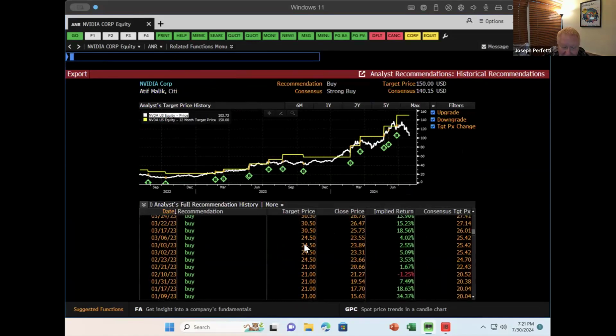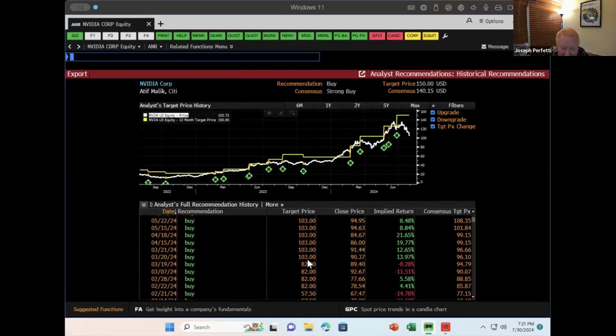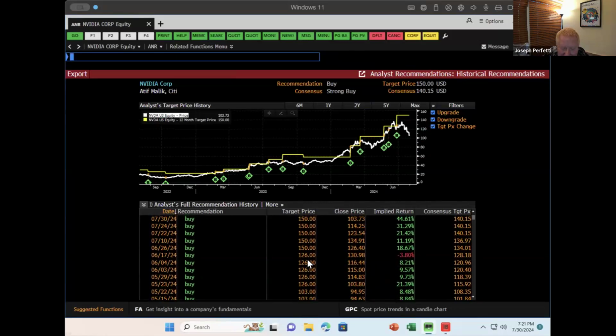This is Citi, by the way. Raised to 24, 30, 42, 52. He was playing catch up, as you can see on this graph, with Nvidia's stock price. And then 103, 126, and then 150 as of June 26, reaffirmed today. Kind of riding the stock price up, because in a way, they're playing catch up.